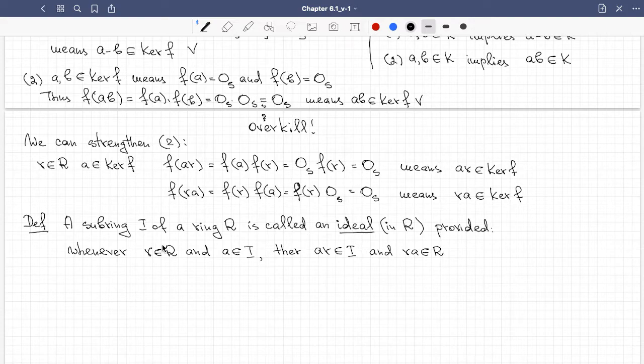Such subrings definitely exist as soon as we have homomorphisms from the ring.